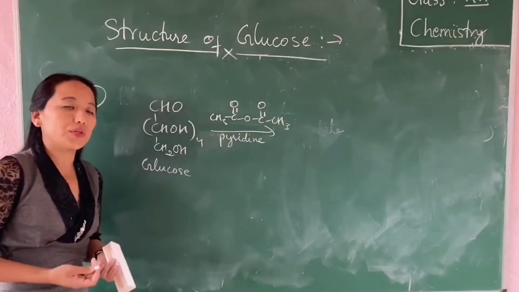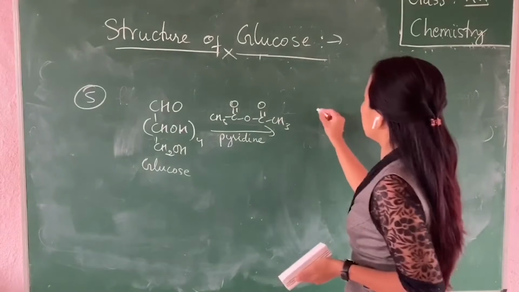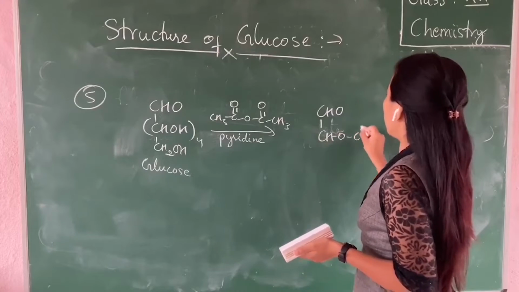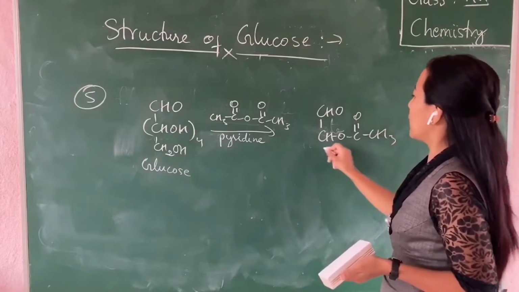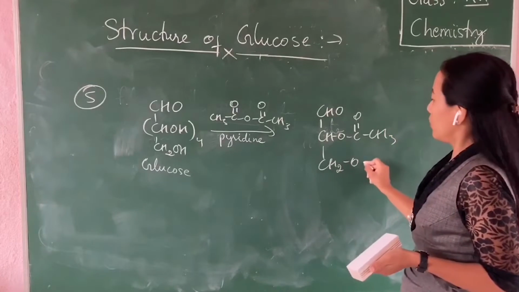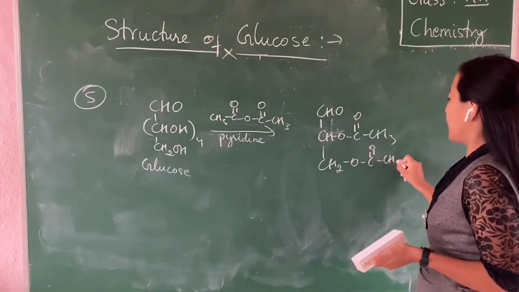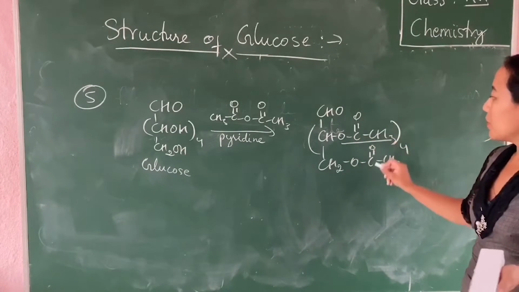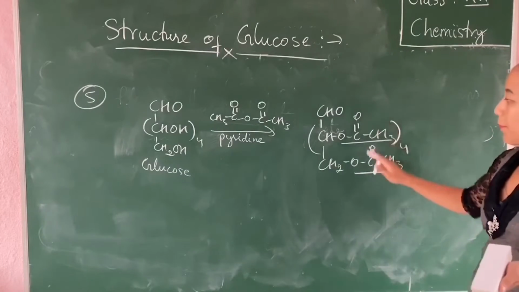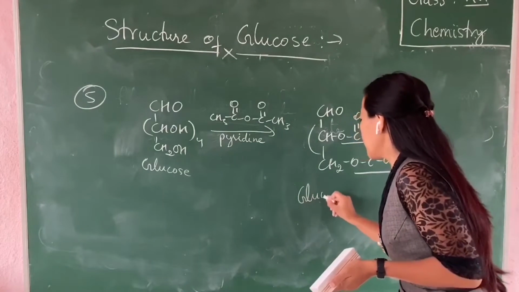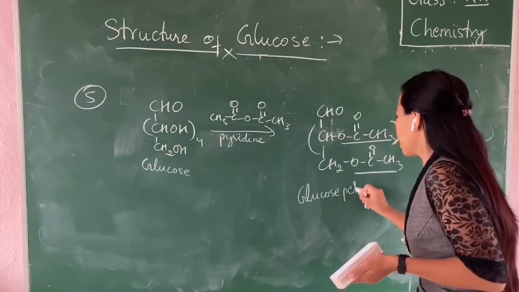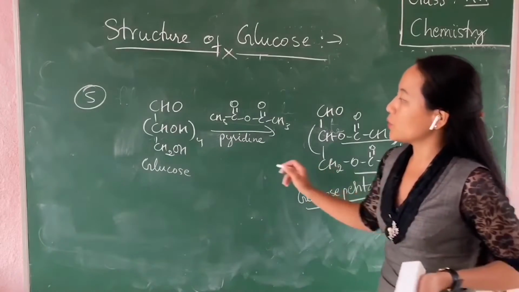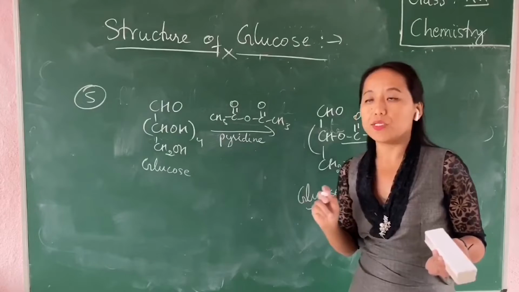It leads to the formation of glucose pentaacetate, that is CHO, CHO, C double bond O, CH3, and then CH2, O, C double bond O, CH3. This is 4 times. So you can see that 4 acetate groups plus 1 acetate group, so a glucose pentaacetate compound was formed when it was treated with acetic anhydride in the presence of pyridine.